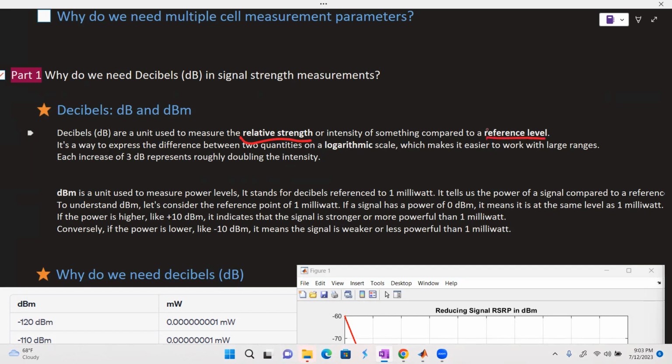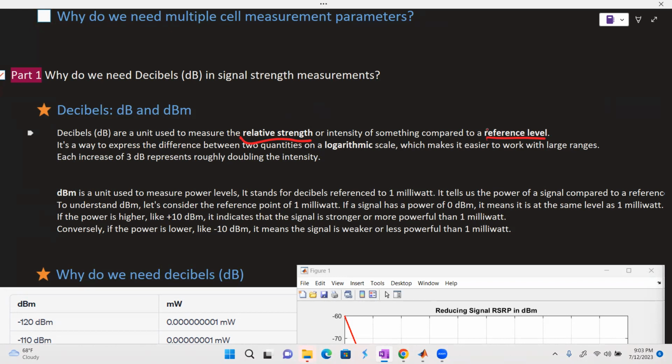It's a way to express the difference between two quantities on a logarithmic scale. Logarithmic scales are used whenever we're trying to work with larger ranges of values. They come in very handy in working with large ranges of numbers, and I'll explain a bit more about the logarithmic scale and why it helps in some time.